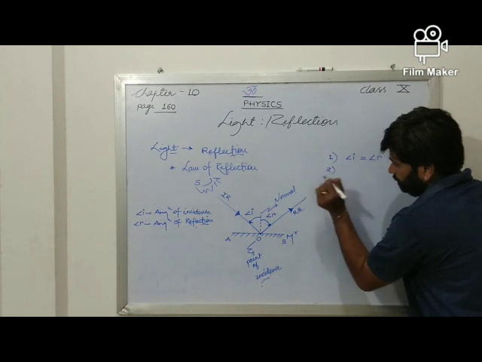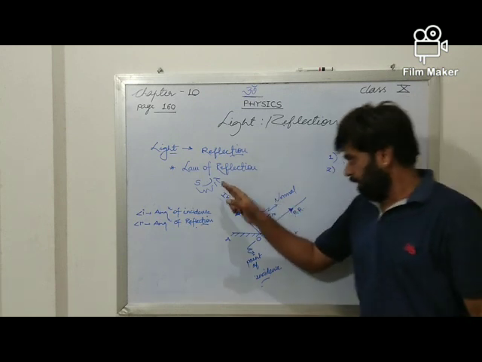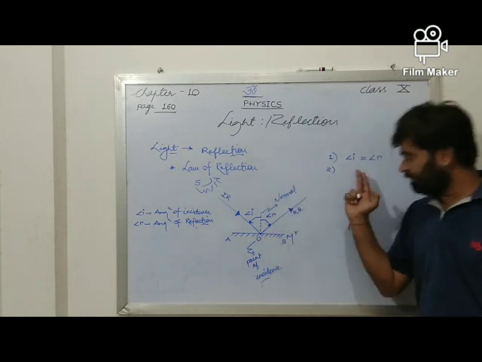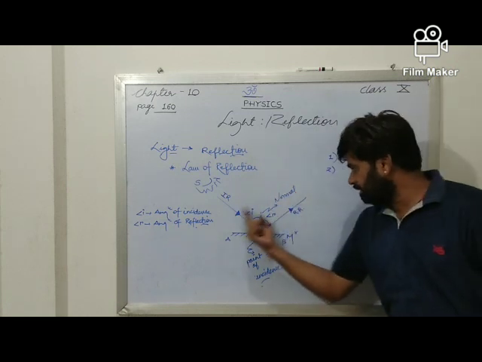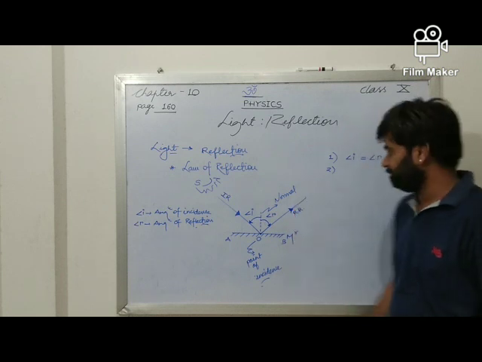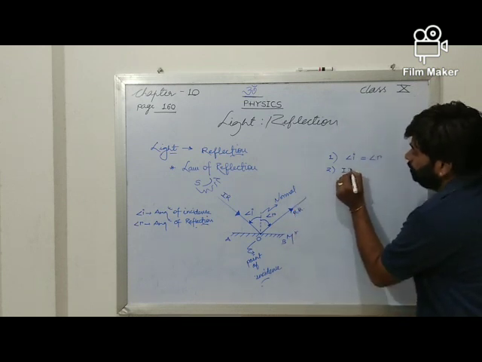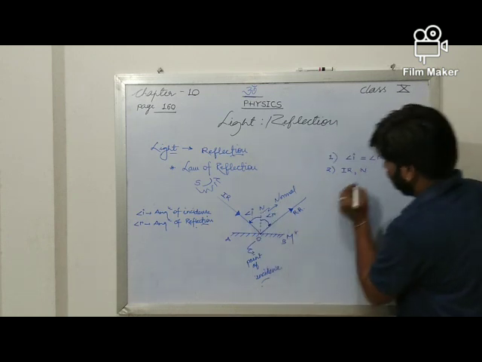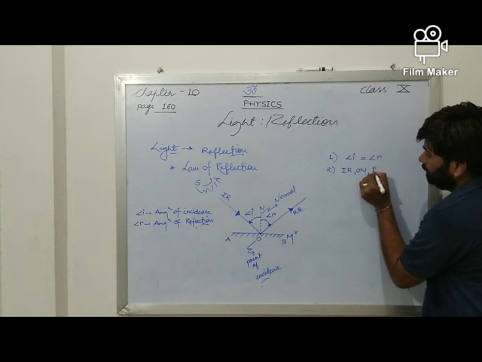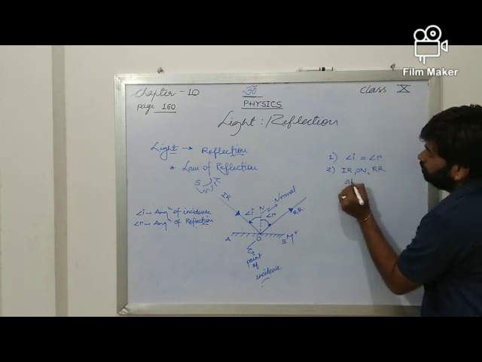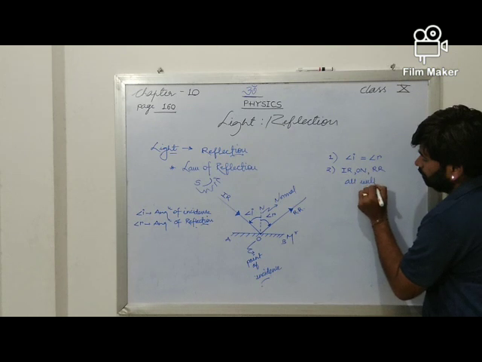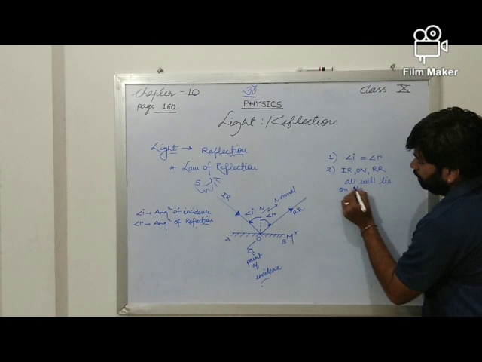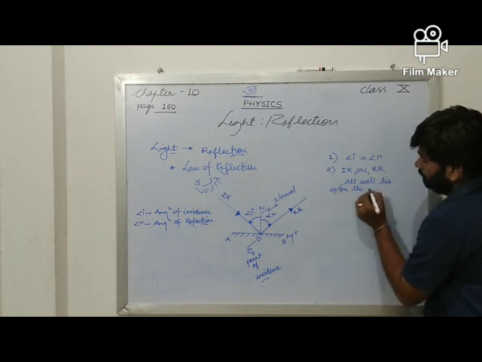Now, the second point says: incident ray, normal and reflected ray, all these three will lie in the same plane. Incident ray, normal, that is ON, and reflected ray, all will lie on the same plane.